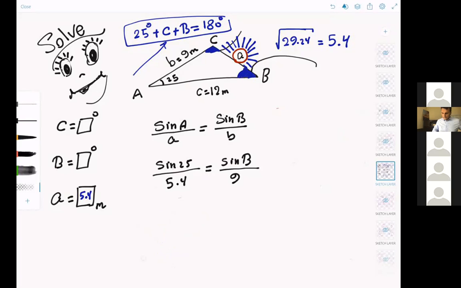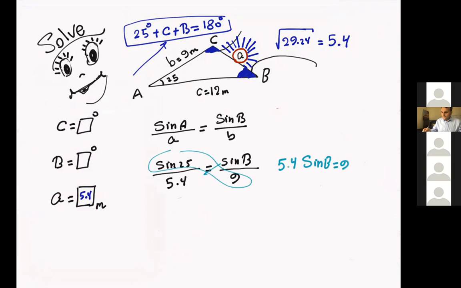So we cross multiply. We have 5.4 sine of B equal to 9 times sine of 25. Sine of B equals 9 multiplied by sine of 25 divided by 5.4.